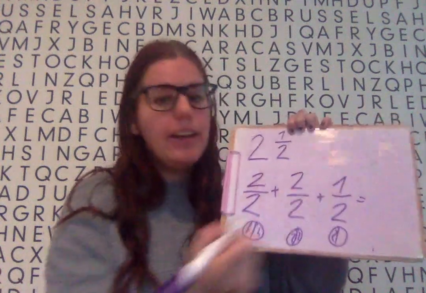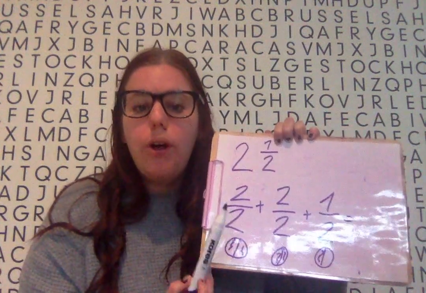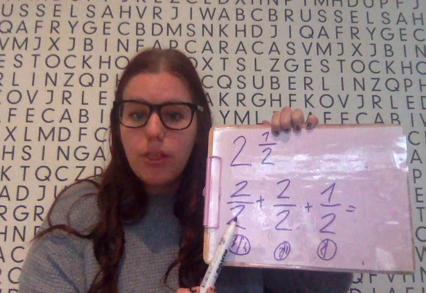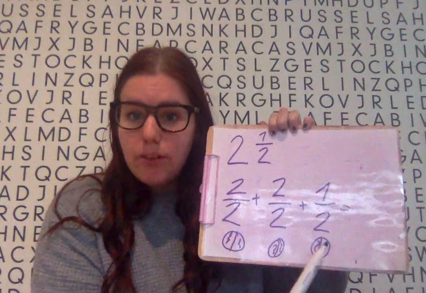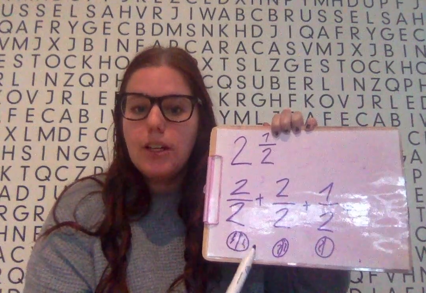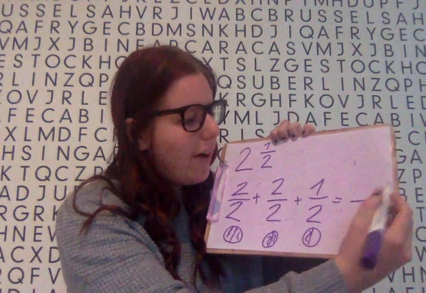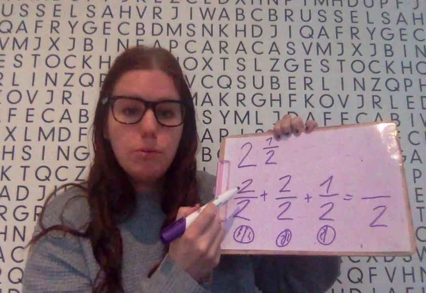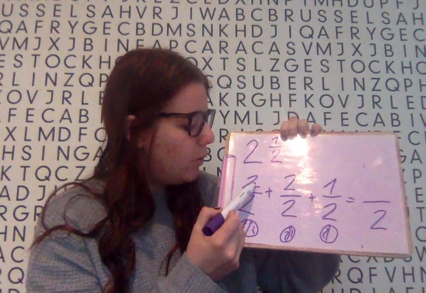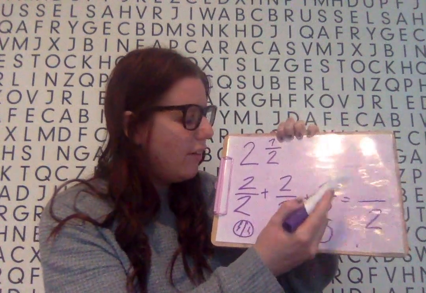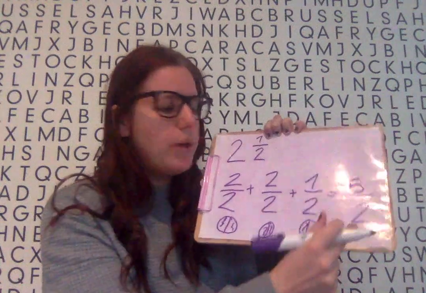When we're adding fractions, we always keep the denominator the same, because the denominator just tells us how we're dividing our whole. So we have 2 on the bottom and we count up the top: 2, 4, 5. So we have 5 halves.